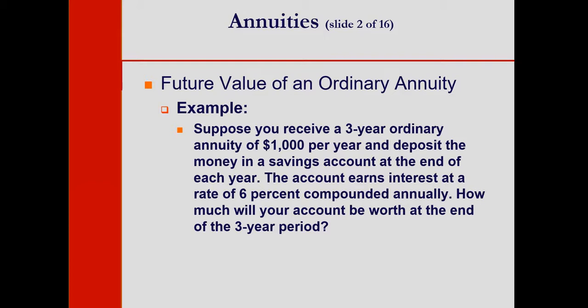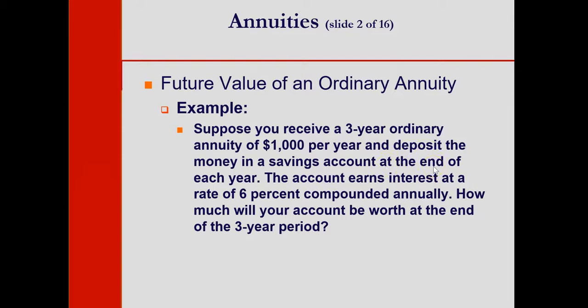Suppose you receive a 3-year ordinary annuity of $1,000 per year and deposit the money in a savings account at the end of each year. Now the point to be noticed here is that you are depositing the money at the end of each year.